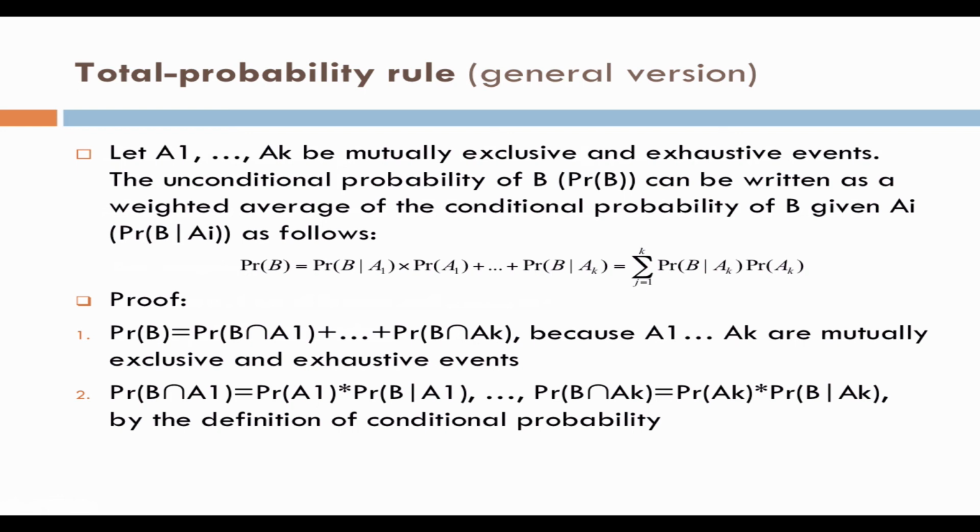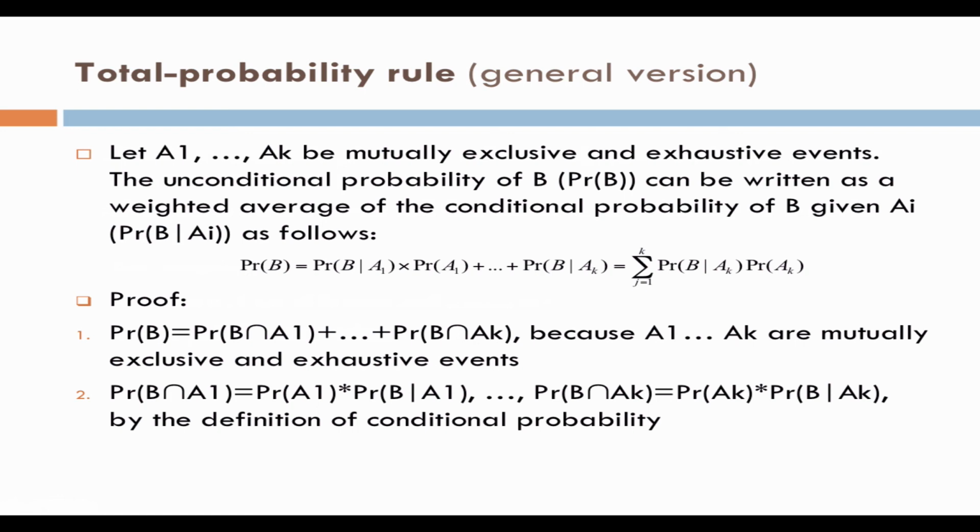Now you just put a lot of sets here. You define a series or a set of events, and all those events are mutually exclusive, and altogether they take up the whole space. So that series of events is mutually exclusive and exhaustive.